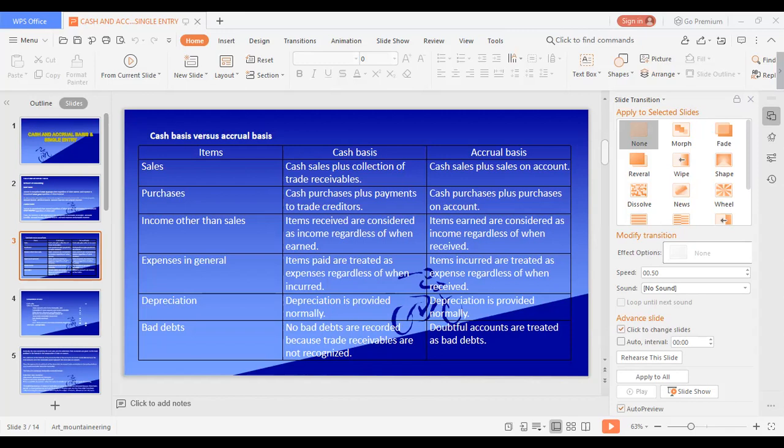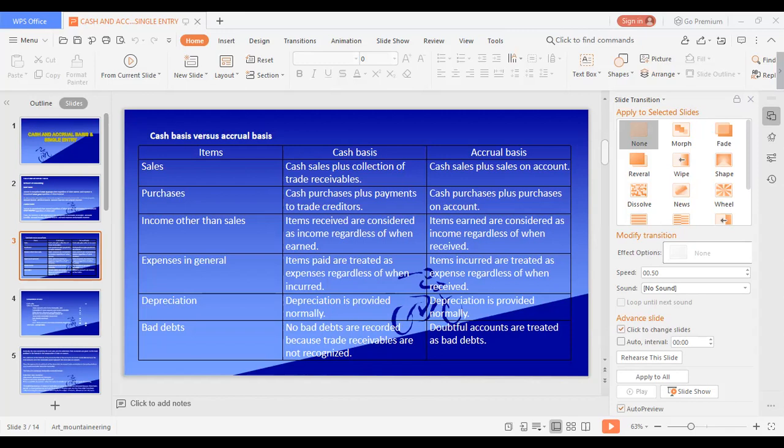So accounts receivable beginning equal to 1 million given. Then we add credit sales 3 million. Total is 4 million. We deduct accounts receivable end of 750,000 given.